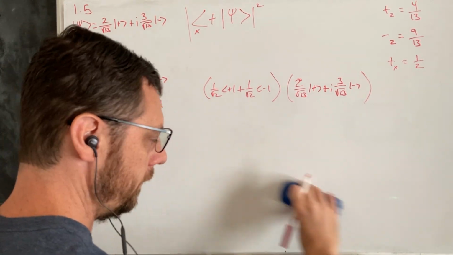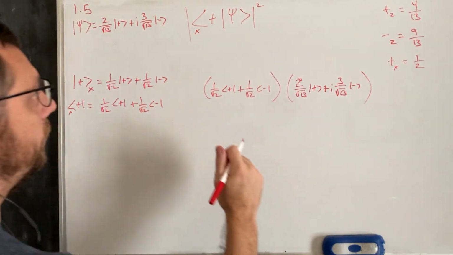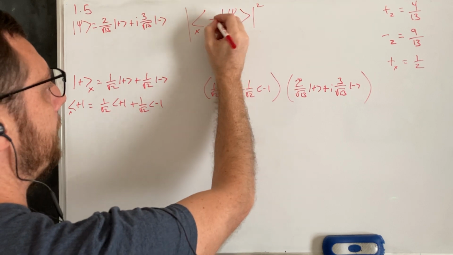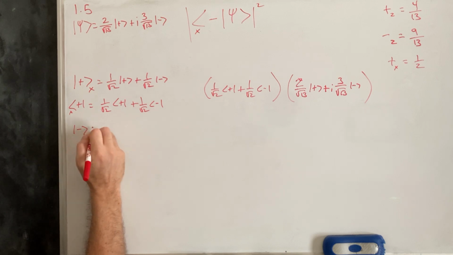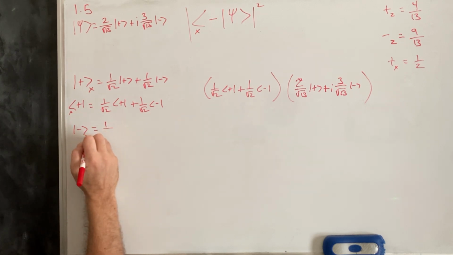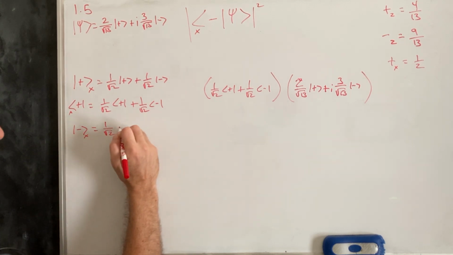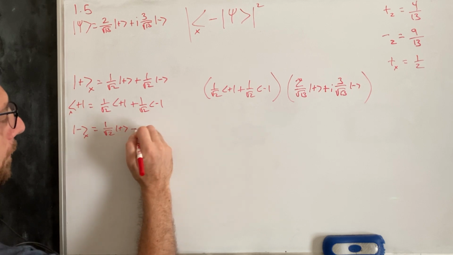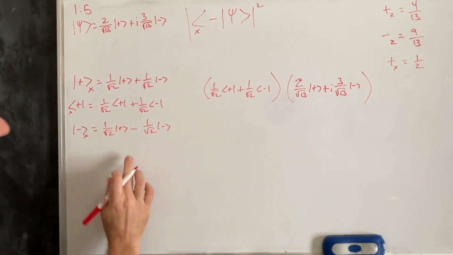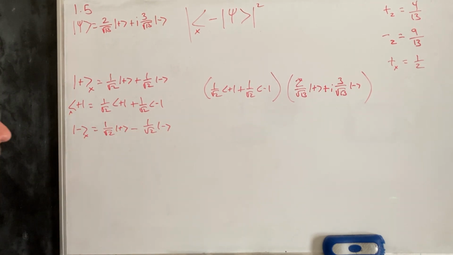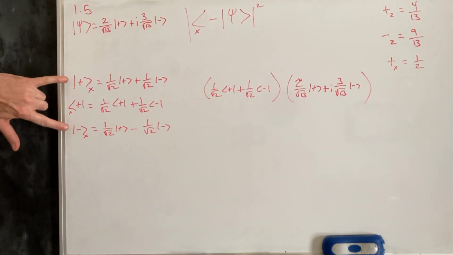So let's go ahead and do down here. And so the down ket is going to look like 1 in the x direction, 1 over root 2 up minus 1 over root 2 down. The reason for the minus here is because there's some complex phase. It has to be different from this.